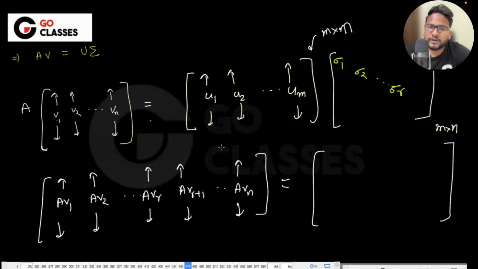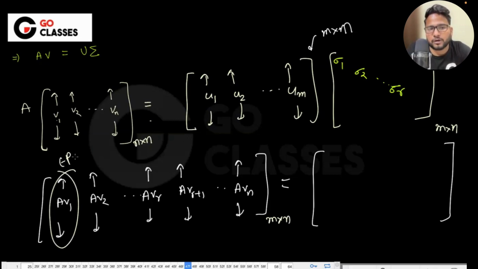So earlier it was N cross N. But after multiplying by A, this particular vector is M dimensional, which means the whole matrix is M cross N now. Why? This vector is in R^M. If you multiply a vector in R^N by this A, then the vector is in R^M now. The dimensions must match, and it is matching. I was just checking whether it is matching or not.